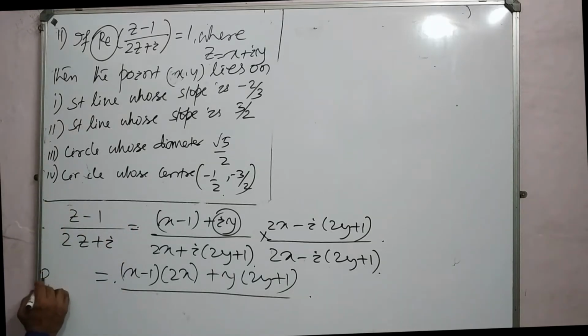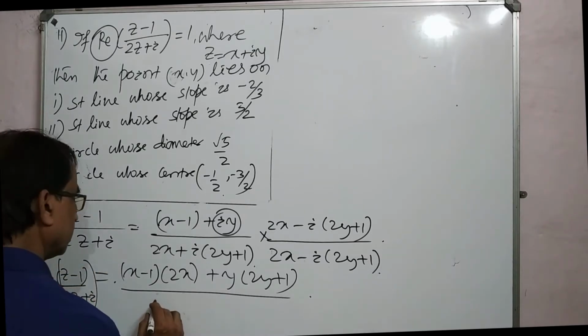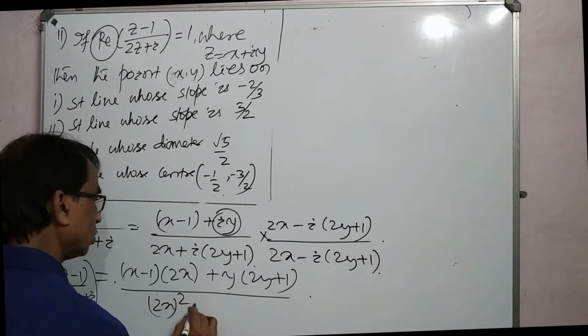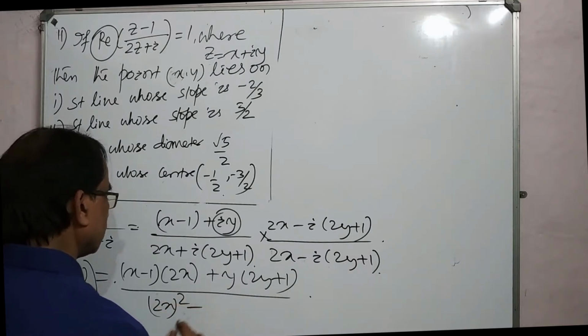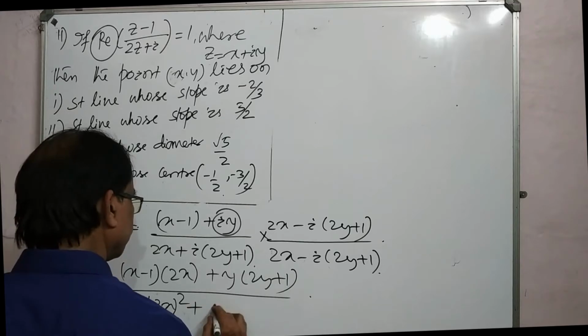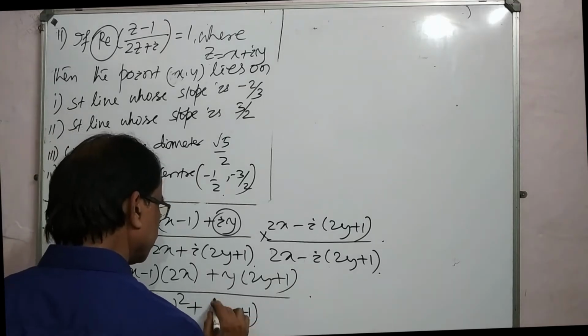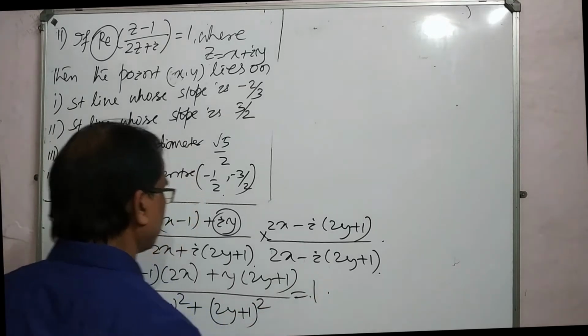That is the real part of this, divided by 2x whole squared, and it is given that it is 1.